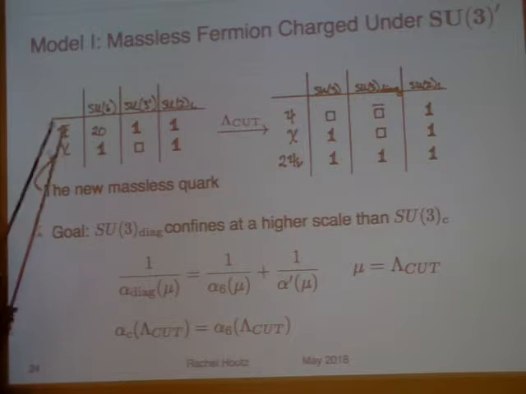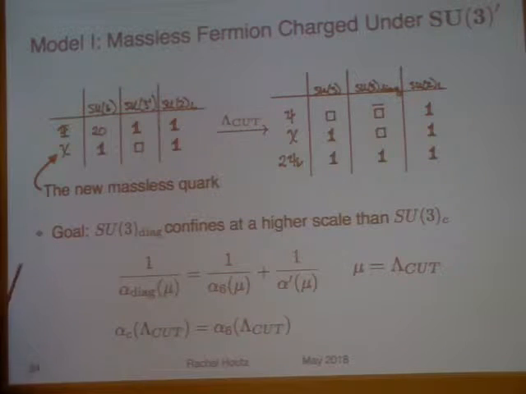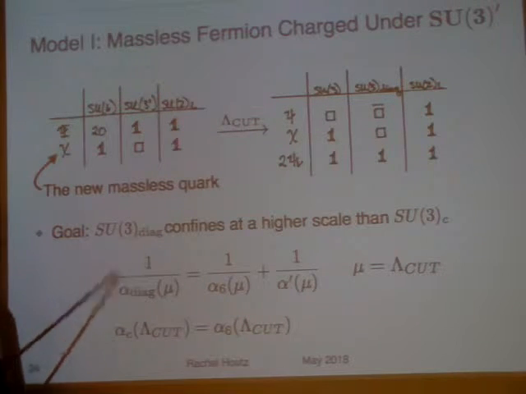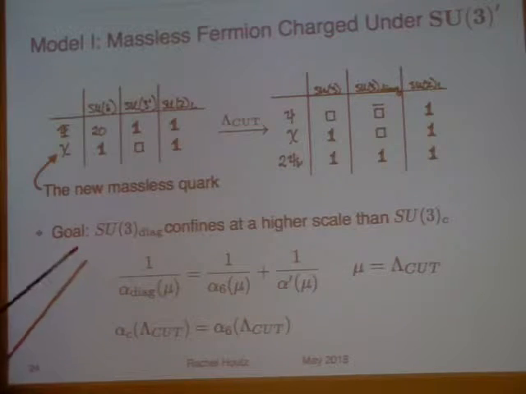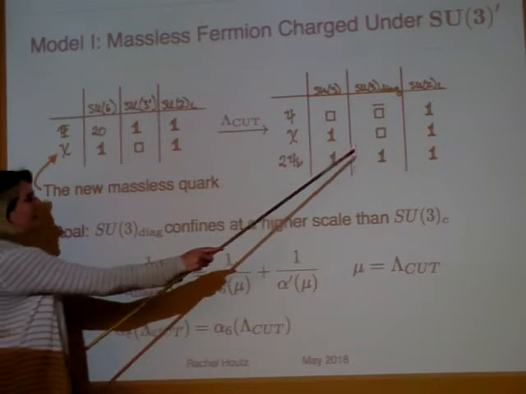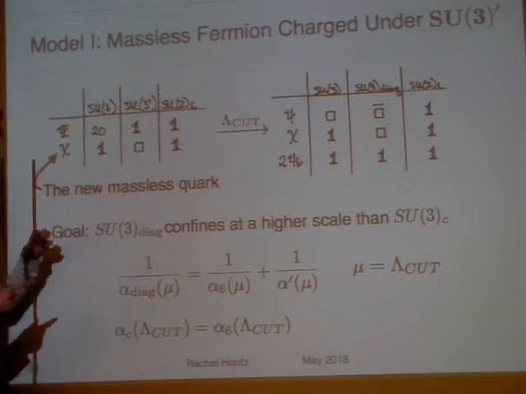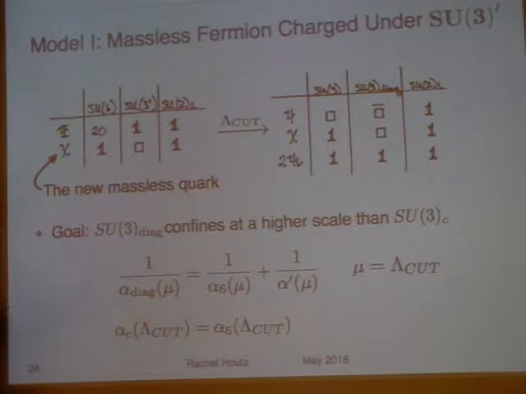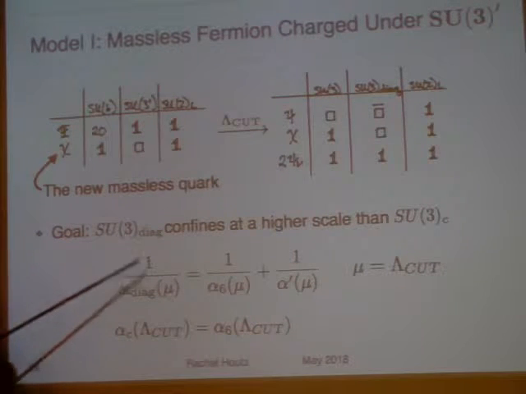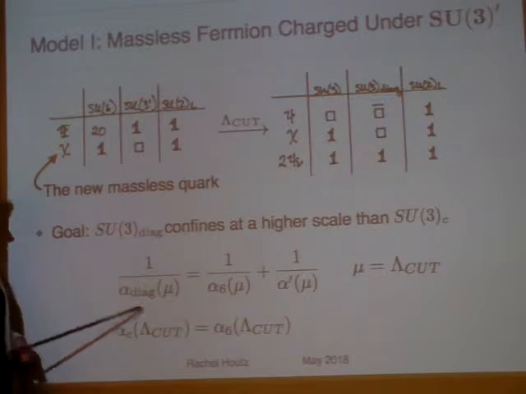So we have all the matter content for the theory now, and we have our boundary conditions. If SU3 diagonal is formed from QCD and SU3 prime, then we get this boundary condition.